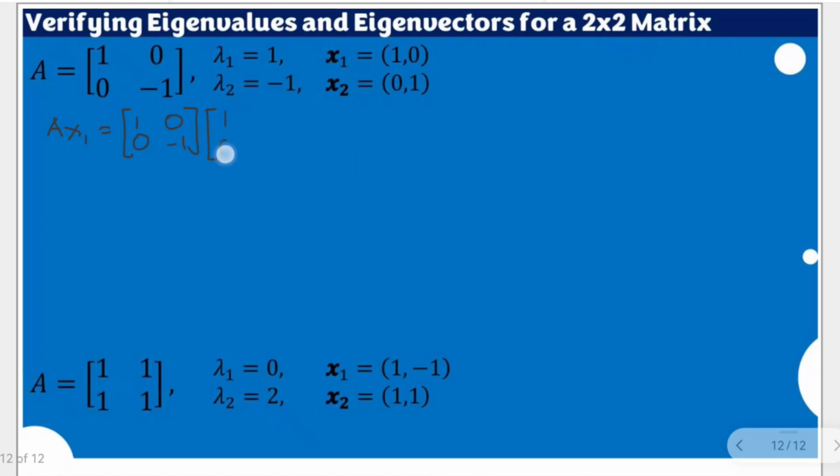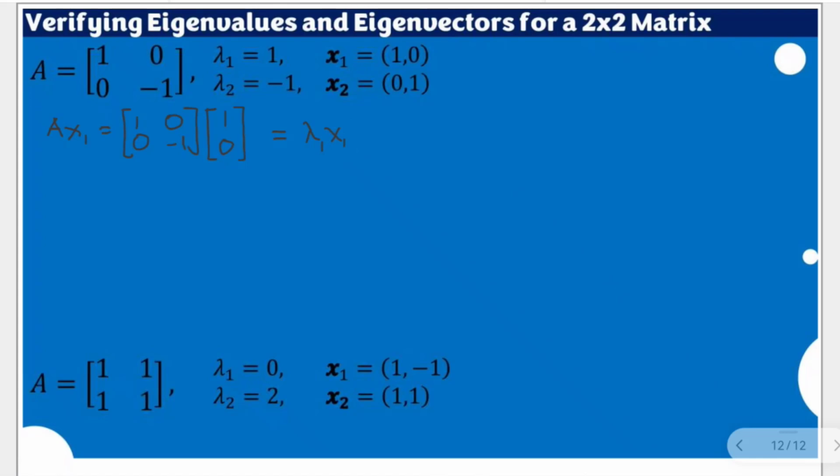So you have 1 and 0. And the result of this can be compared to the result when we multiply the given eigenvalue, in this case lambda sub 1, times the eigenvector x sub 1.